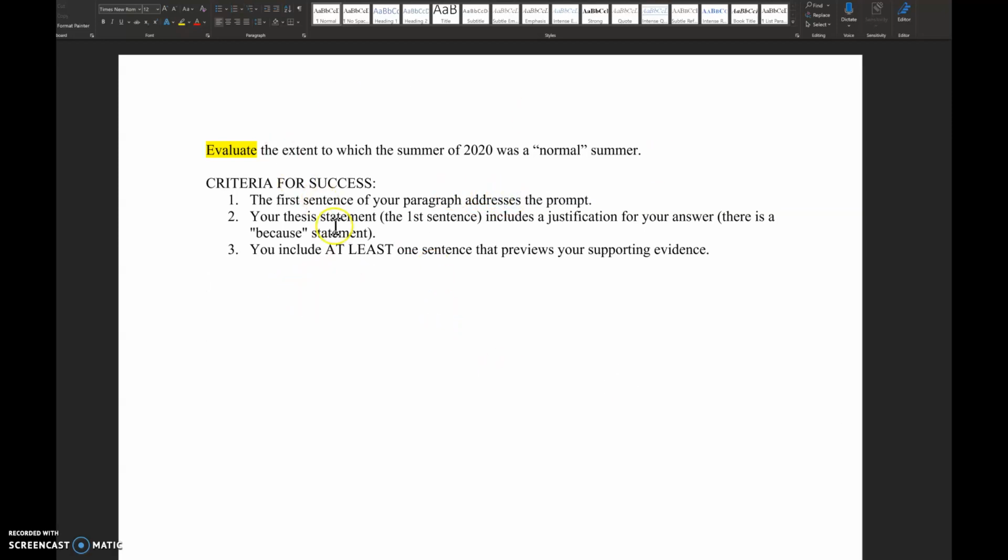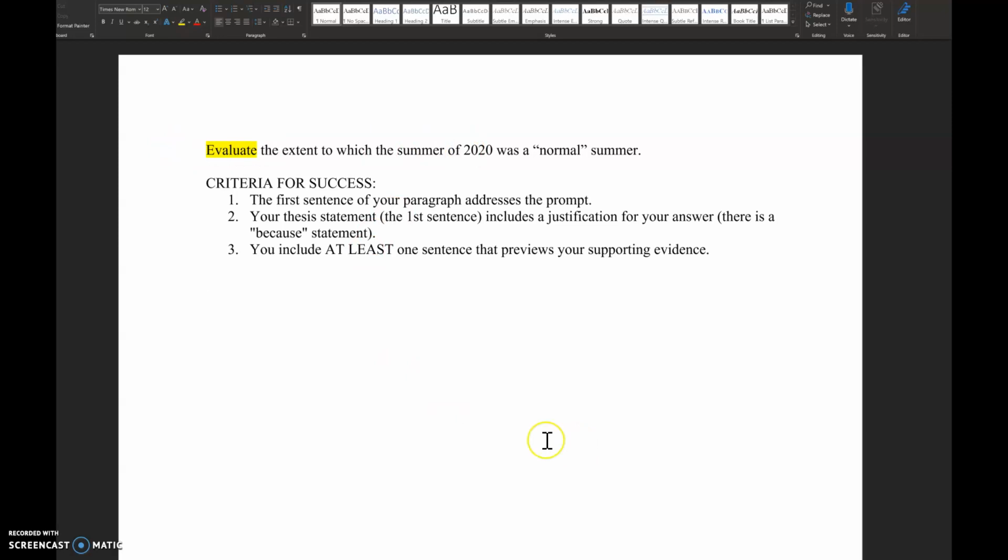Second, your thesis statement, that is that first sentence, includes a justification of your answer. What do we mean by justification? It just means what's the reasoning behind what you're saying. If somebody were to ask me what color is the sky, or let's rephrase it as an evaluate prompt: evaluate the extent to which the sky is blue.